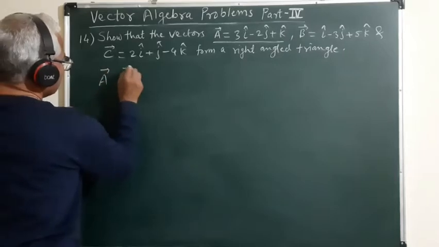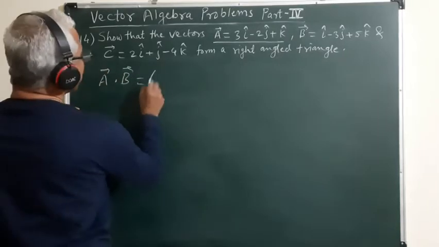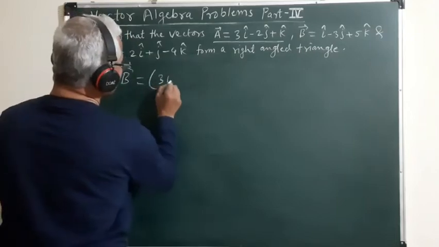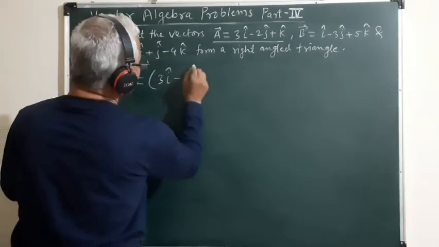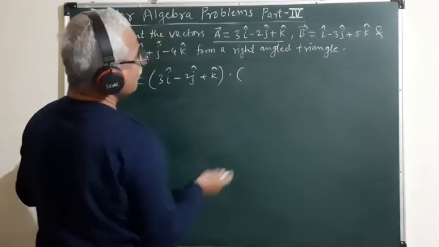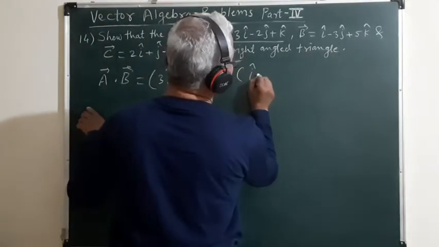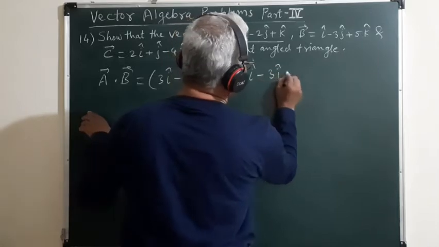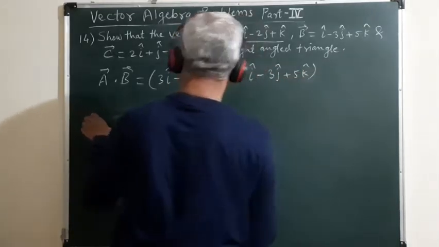A bar dot b bar is equal to, a bar is 3i cap minus 2j cap plus k cap dot b bar is i cap minus 3j cap plus 5k cap.